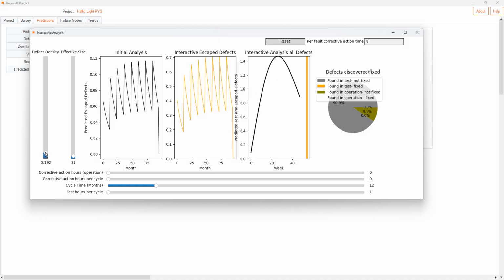So somewhere around 0.2 defect density, you can see the bar has moved to the left, which means we'll have more technical debt. We can move it up a little farther. Oh, here we go. The bar is even farther to the left now. If we keep going, oh, now the bar is almost at the top, which means we're deploying almost as many defects as what we're seeing in testing, which is never super good.